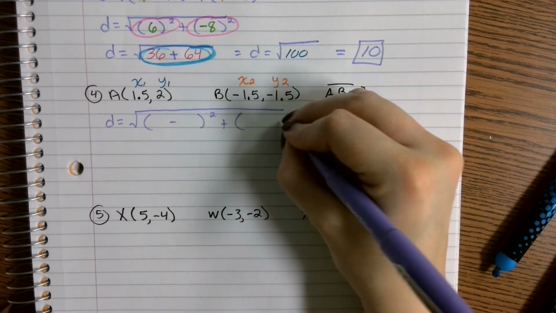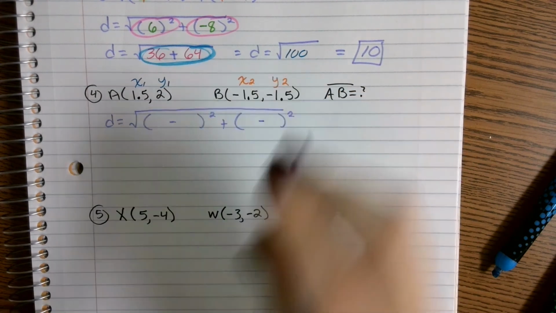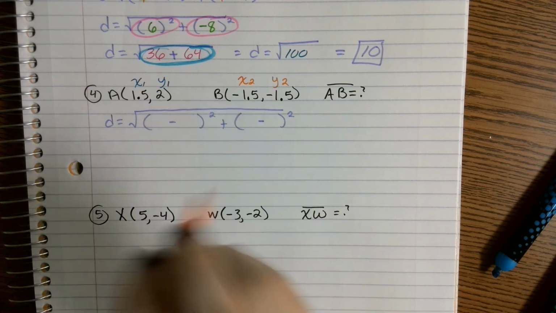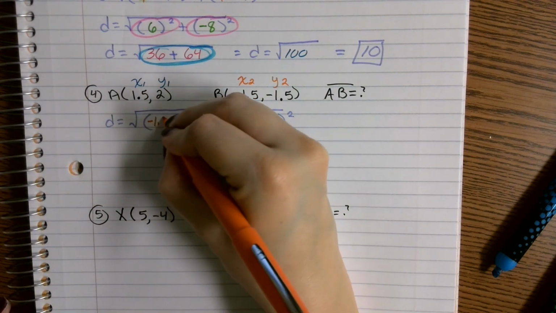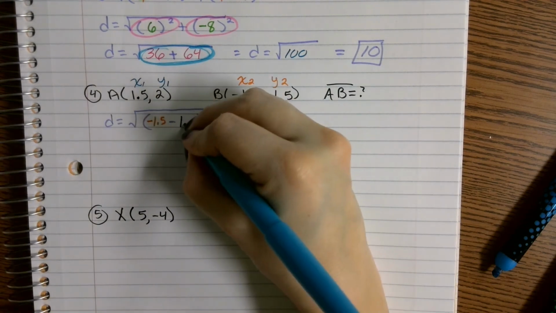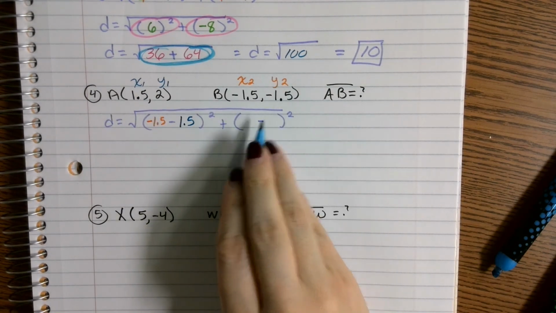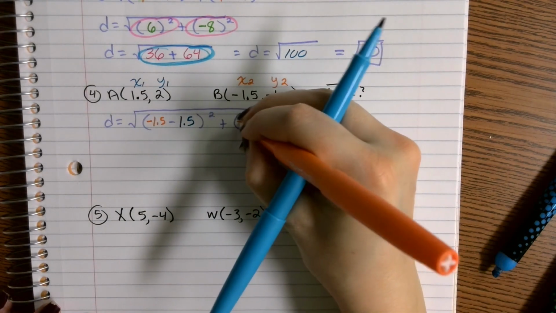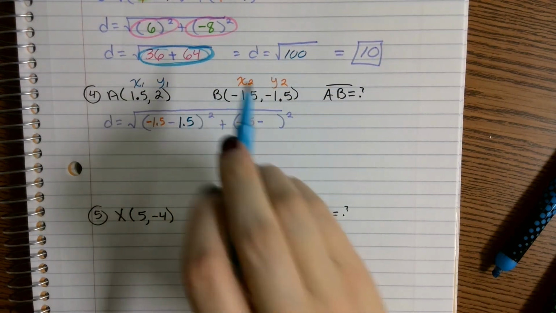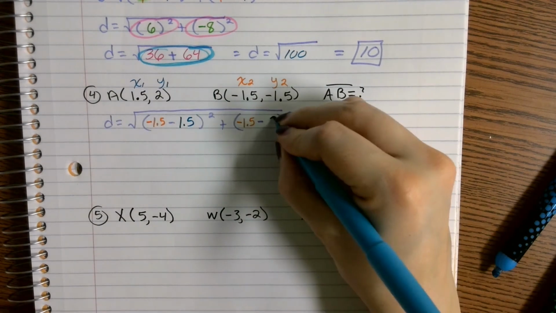It helps, again, if you preset the problem up, so that way all you're doing is filling in the points. So x2 is a negative 1.5 minus an x1, so minus 1.5. Then your y2 is also a negative 1.5 minus your y1 value, so minus a 2.